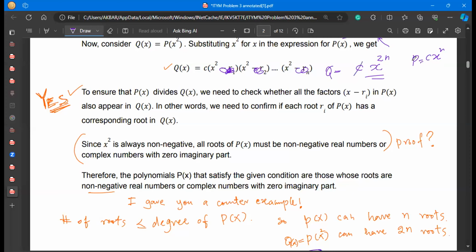C divided by c is 1, and the result will be x to the power n. So I can only take p of x in this case to be c times x to the power n, and if I multiply by x to the power n again, I get q of x. So this is the case when p of x is this polynomial here, then I get the division of polynomials.